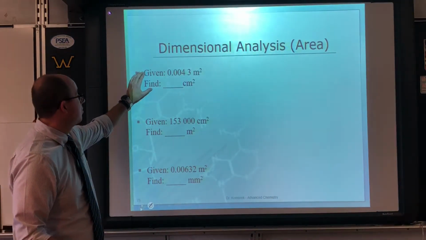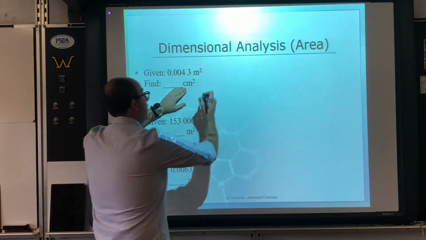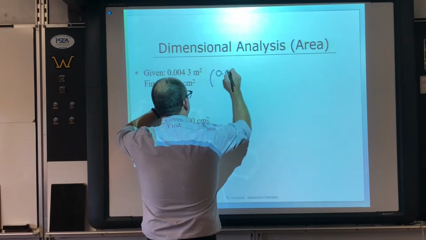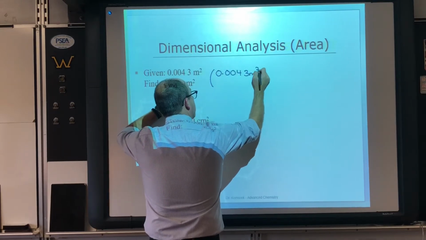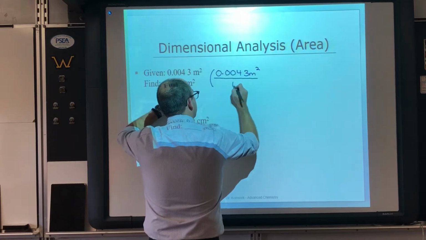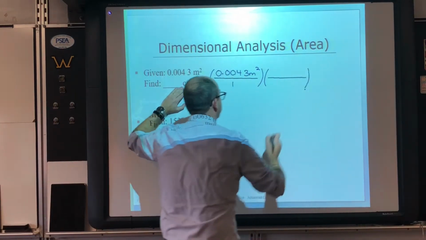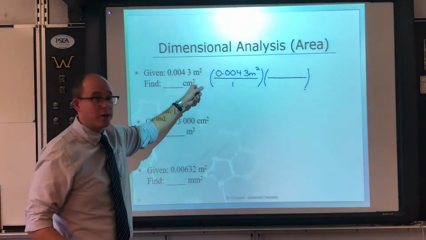In the first example, we're dealing with square meters and converting it to square centimeters. Like every other problem, we start by writing the given as a fraction, followed by our conversion factors. Here we know how meter squared and centimeter squared relate.